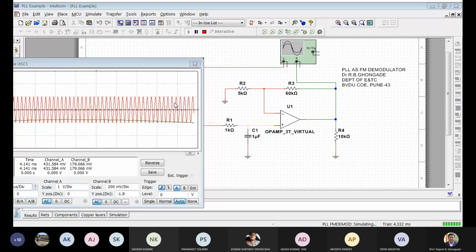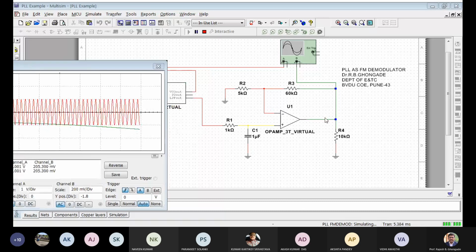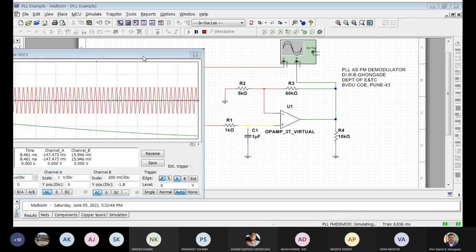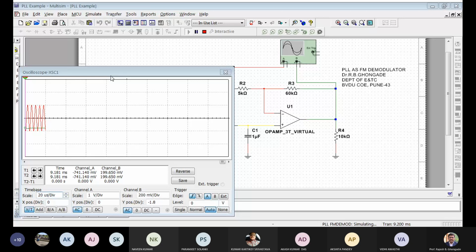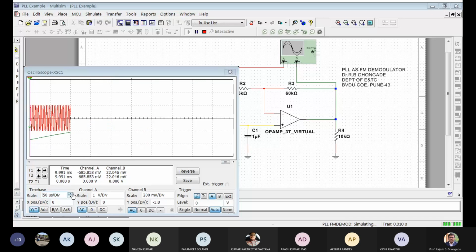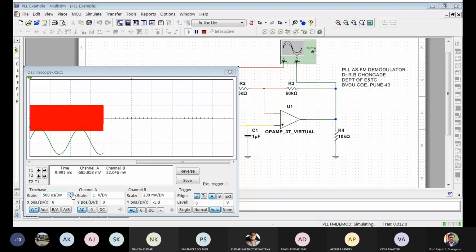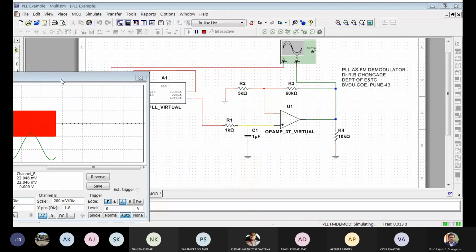And then I'm using, what is this? Tell me, what is this circuit, guys? Hello, what is this circuit with op amp? Low pass filter.